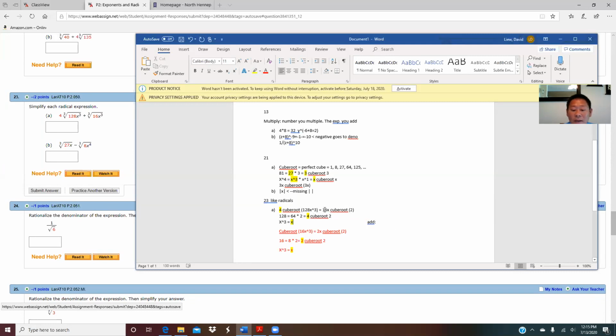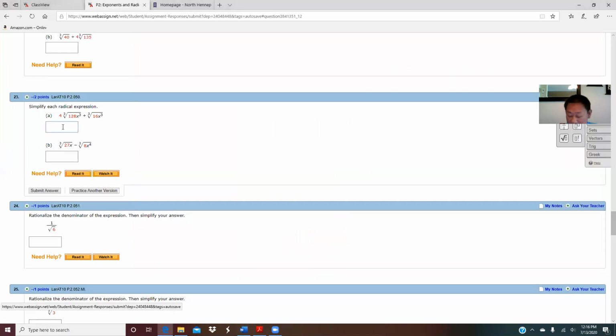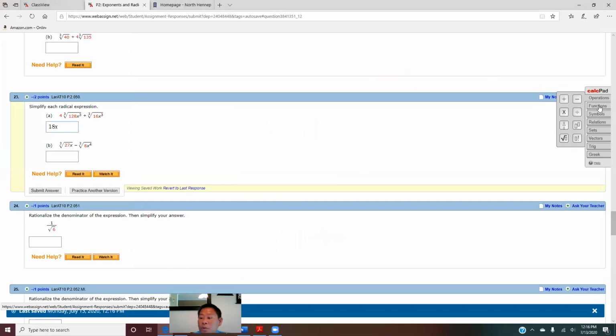This is 16x and this is 2x. Yep, so you will get 18x cube root of 2. So that is your answer in this case. The answer here is 18x and then you just put a cube root of 2.